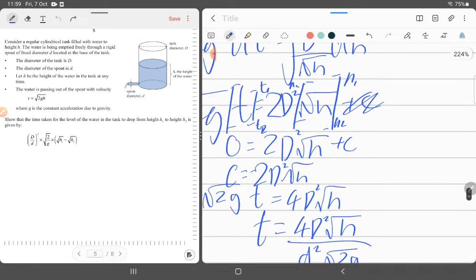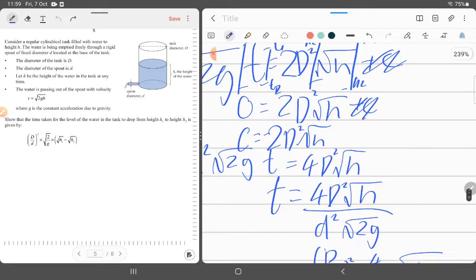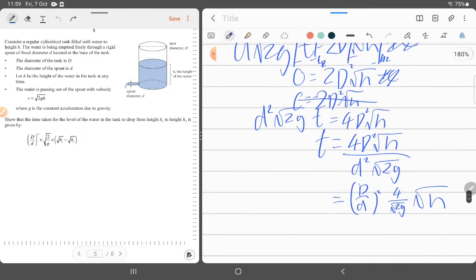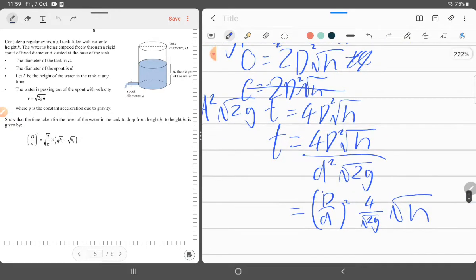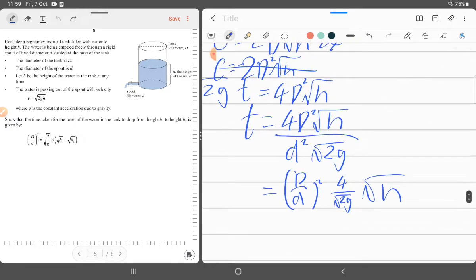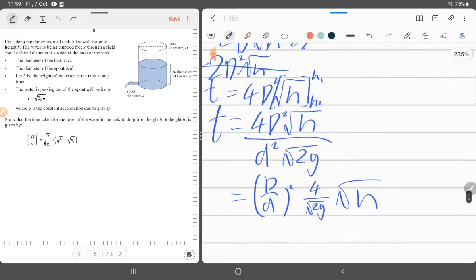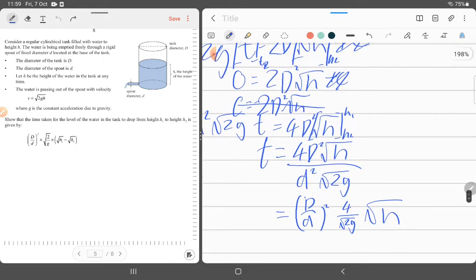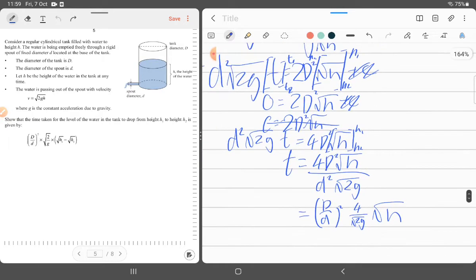Yeah, so C, cross these two lines out. So 4D from H1 to H2. So it will just be... oh no, it's just 2.